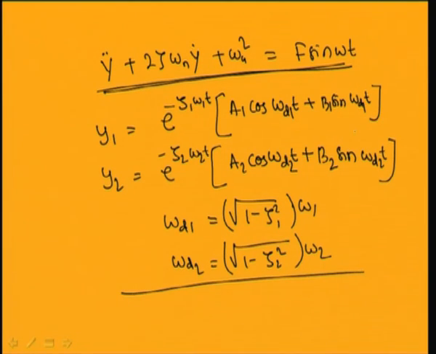This is the free vibration response, the complementary part of the response, and there is also the particular integral part. So y1 and y2 are the complementary part, and you can find the particular integral part p1 and p2 also.